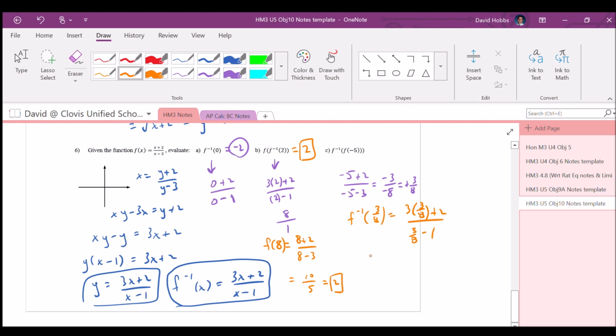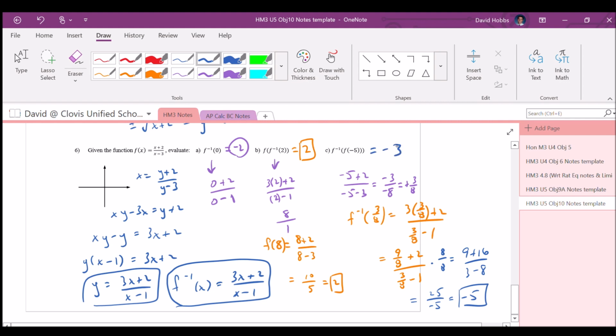Okay, so that's 9/8 plus 2 over 3/8 minus 1. Let's see. If I multiply top and bottom by 8, I get 9 plus 16 over 3 minus 8, which is 25 over negative 5, which is negative 5.